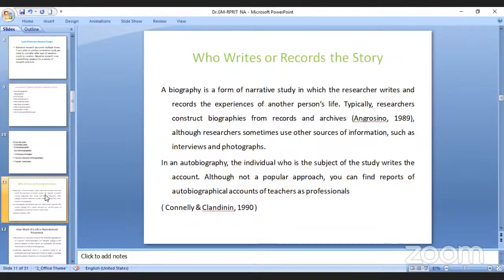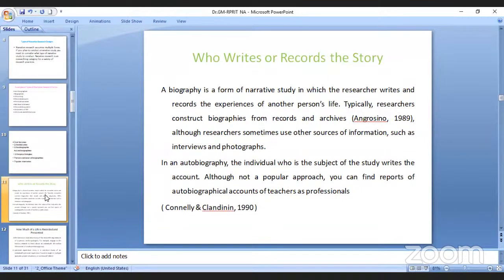Then, who writes or records the story? A biography is a form of narrative study in which the researcher writes and records the experience of another person's life. It is a biography.